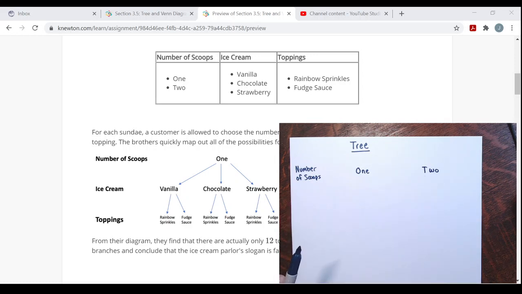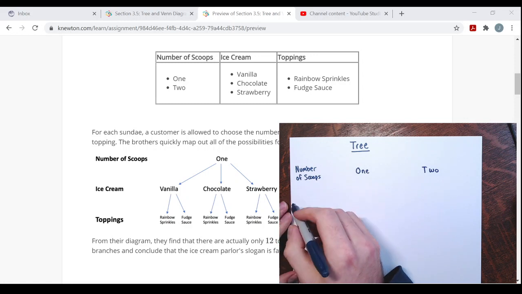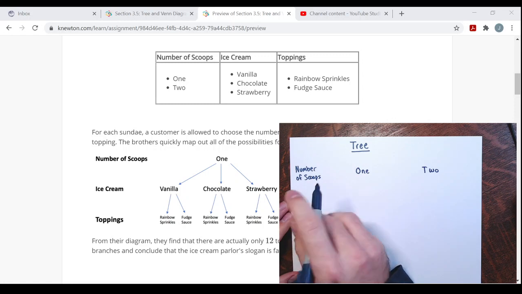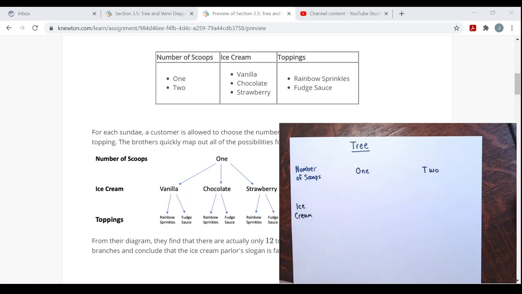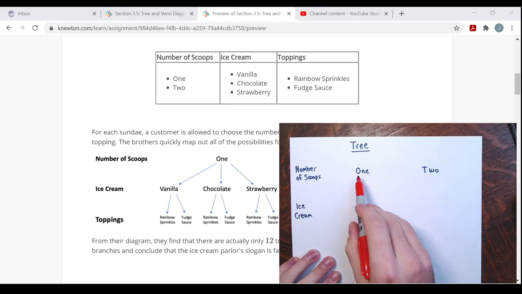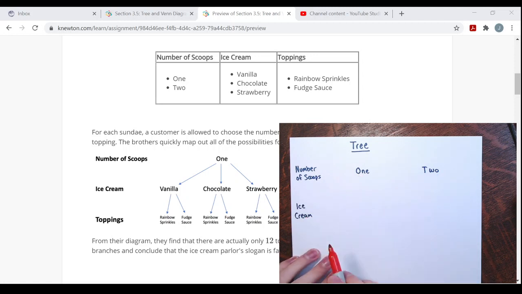All right. The next choice being made is the type of ice cream. So on the next level of the tree, I have my choices of ice cream. Now here's where these branches come into play. For each part of the level above, I branch off with the number of choices I have for the level below.